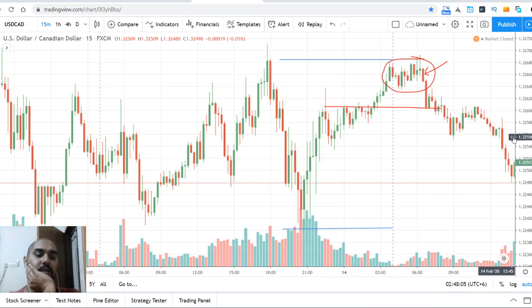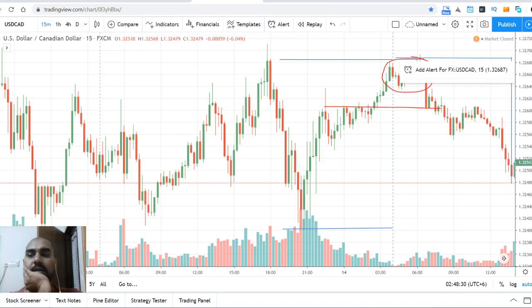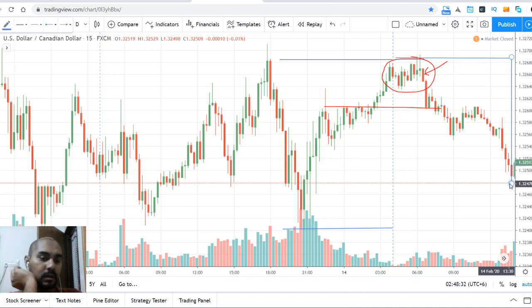Actually, this is the end of Asia. The next candle is the beginning of London. So I'll just mark it here. This is the low of Asia. This is the high of Asia. Asia high, Asia low.